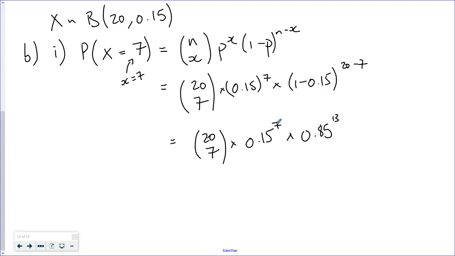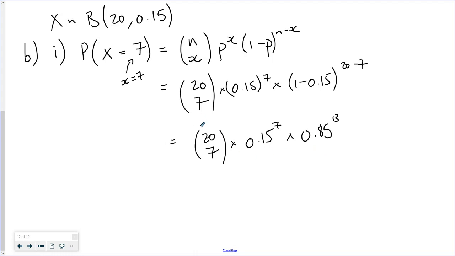And notice that the powers add up to 20, and what we're choosing matches how many successes we've got. And remember, in a previous video, we said this is because if we drew a tree diagram, we're going to go down 7 branches where they have to be left-handed probabilities, and we're going to go down 13 branches where the probability is right-handed.